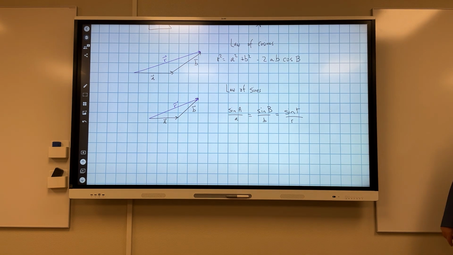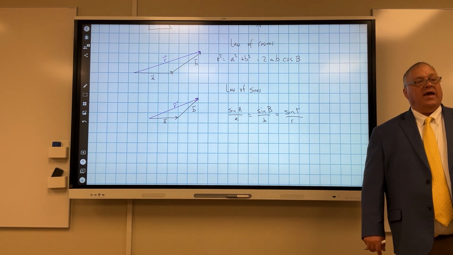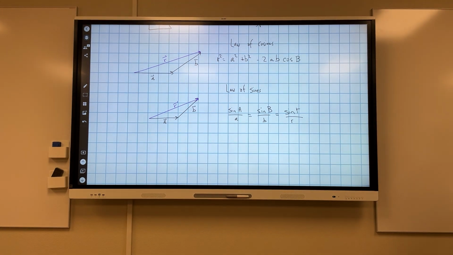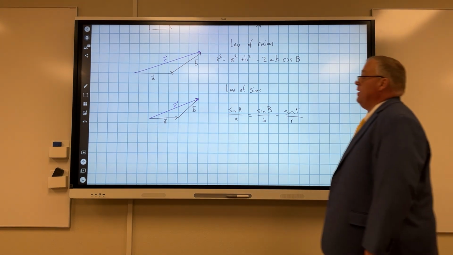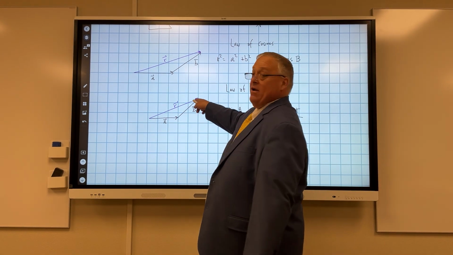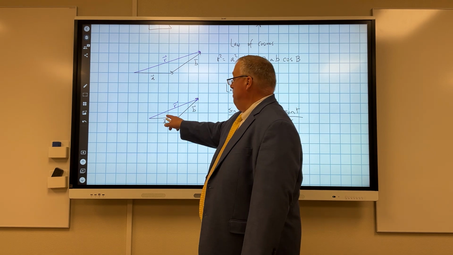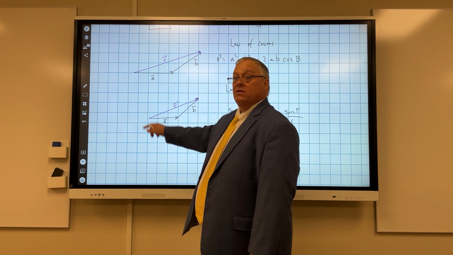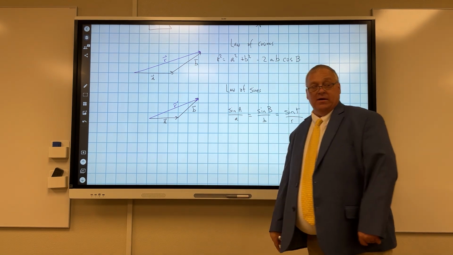Okay, with sines, where is angle A? Where's angle B? And where's angle C? Opposite sides. So this would be angle A up here, and this would be angle B here. So we've got a ratio there.